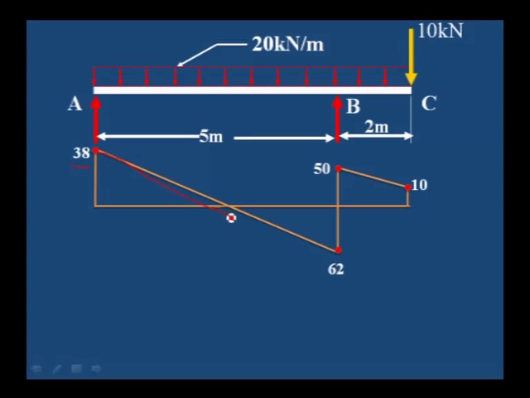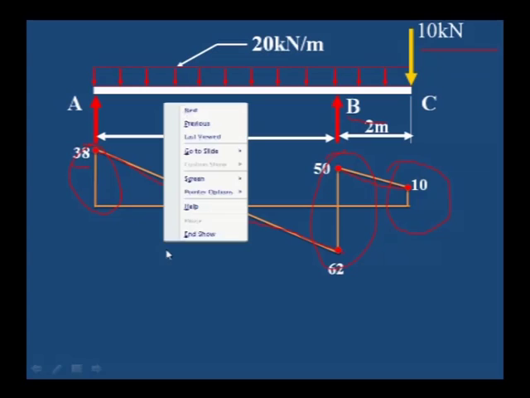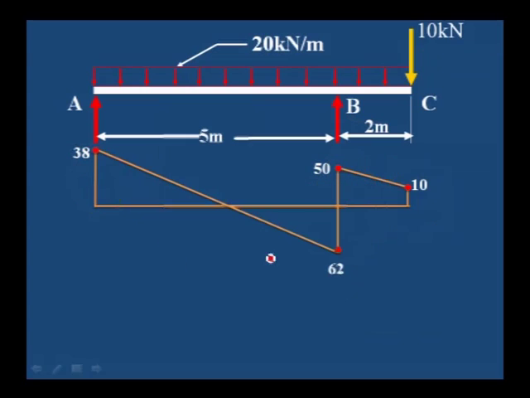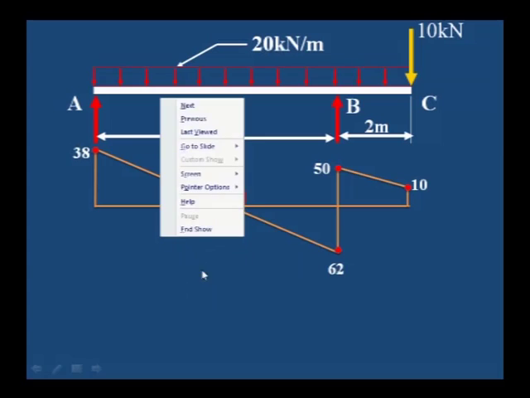You can see it is an inclined line because uniformly distributed load is acting, and here also it is an inclined line because UDL is acting. The line is vertical here because a point load is there, here vertical because RB is there, and here vertical because the vertical load of RA is there. And you can observe here, this is the point where shear force changes its sign, where we will get the maximum bending moment.